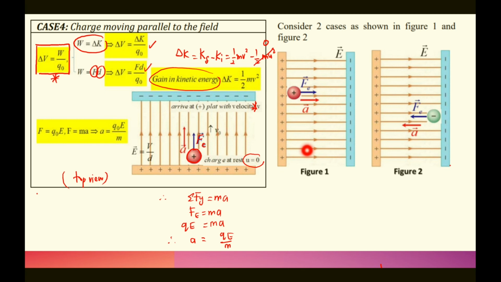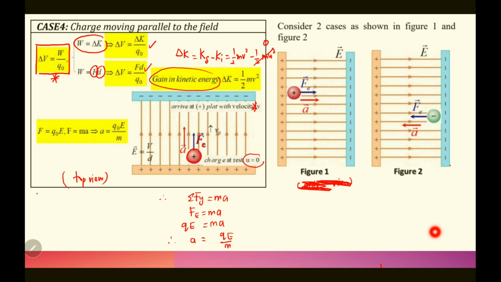If you look at your right side, we have another two diagrams here, figure 1 and figure 2. This is also the condition where the charge is moving parallel to the field. Here we have a positive charge and it will be attracted to the negative plate, so it will move to the right.